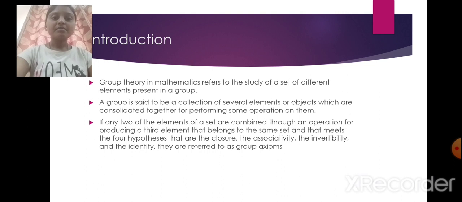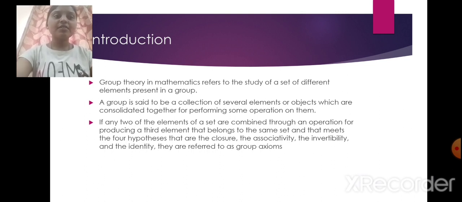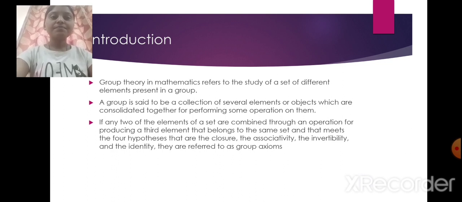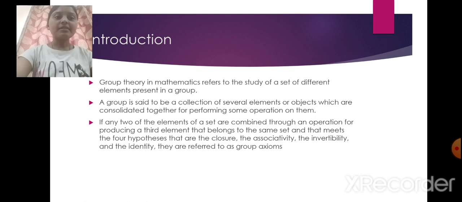Introduction. Group theory in mathematics refers to the study of a set of different elements present in a group. A group is said to be a collection of several elements or objects which are consolidated together for performing some operations on them.